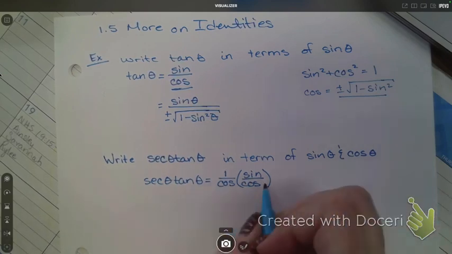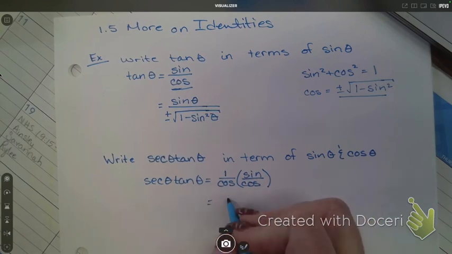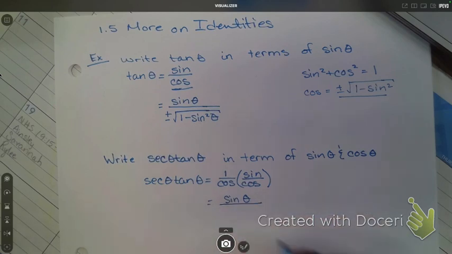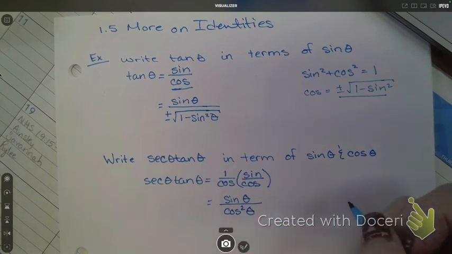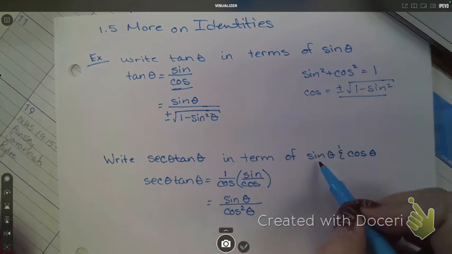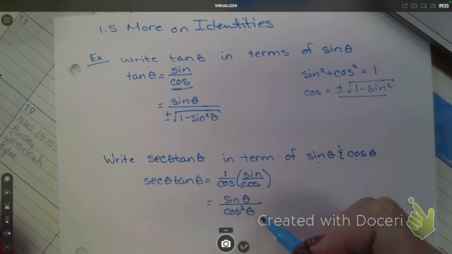And so this says multiply, right? Yeah. So you have sine of theta over cosine squared of theta. Now this one says write it in terms of sine and cosine. So we did that. But what if I just said now write it in terms of sine?